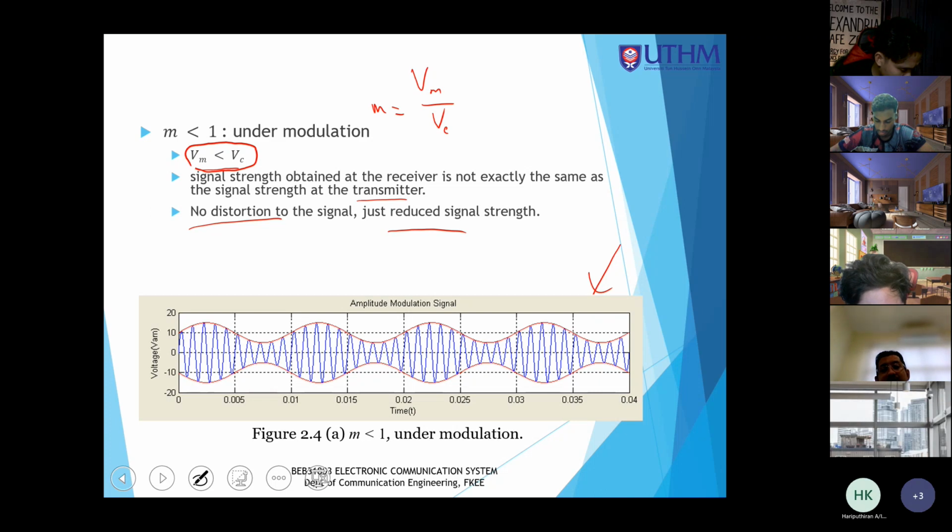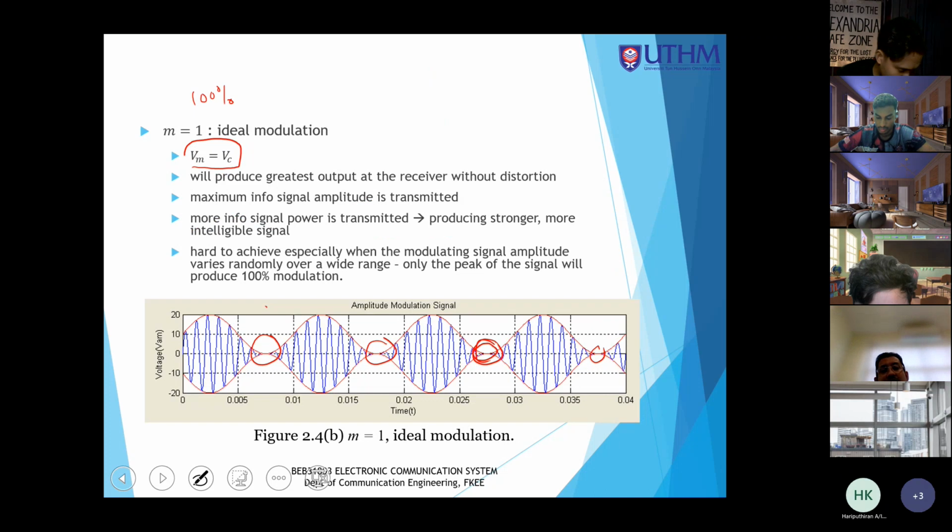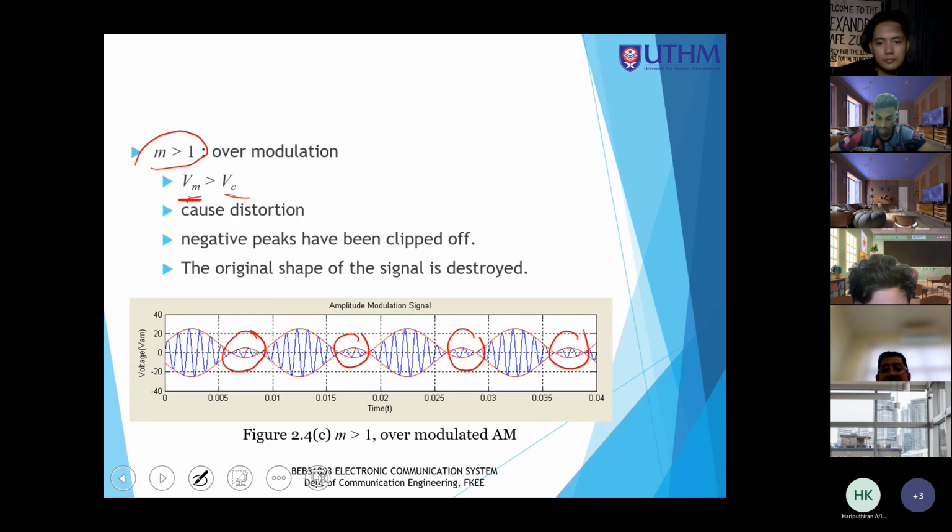So akan melibatkan penerangan, explanation dan juga lakaran bentuk gelombang untuk under modulation, ideal modulation dengan over modulation. So you need to know about this so that you can answer the test question. Okay, remember that. Dalam test nanti kita akan minta kamu explain tentang tiga perkara ni: under modulation, ideal modulation dan juga over modulation.